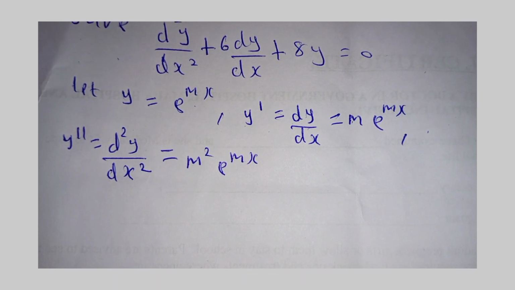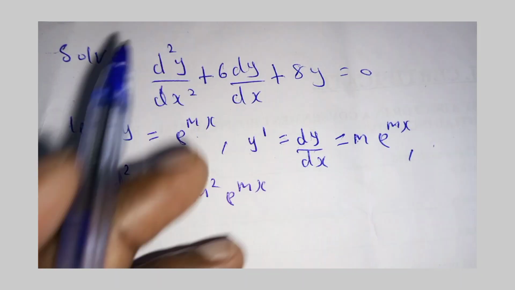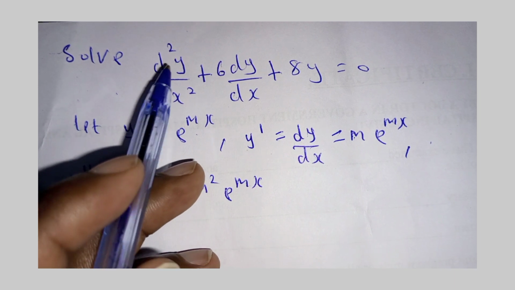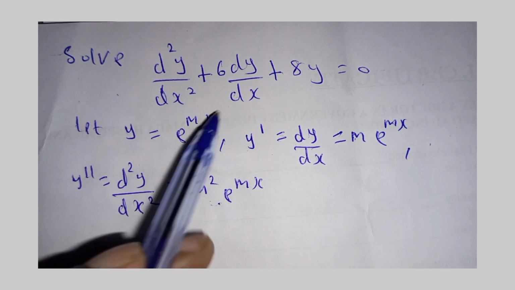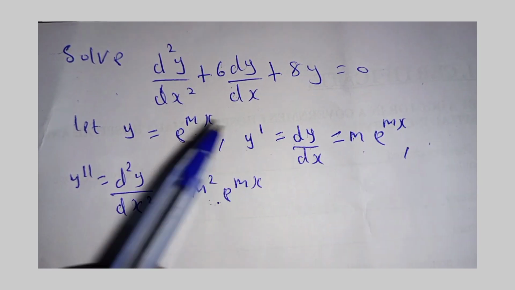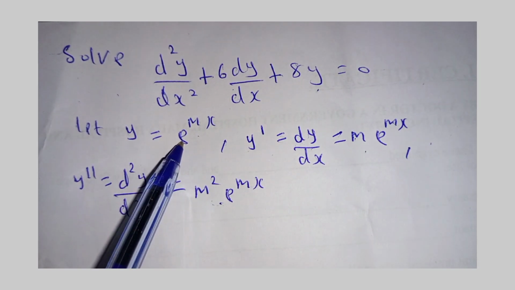Then from there, you substitute your results into this ODE, where you have the second derivative, you substitute it with this, where you have the first derivative, you substitute it with this, and where you have y, you substitute it with this other part here.